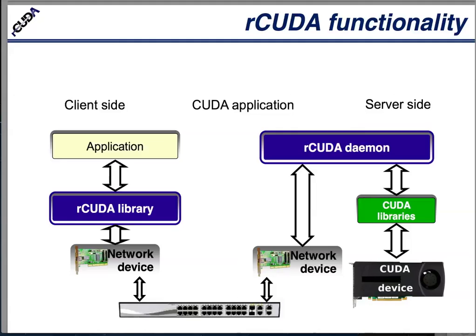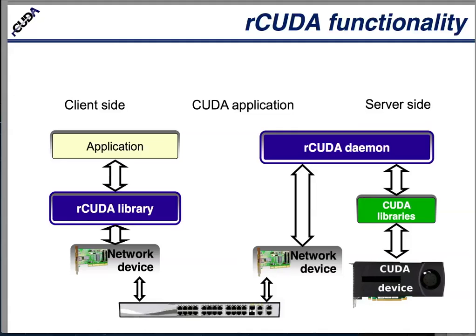We place on the client side a library replacing the original NVIDIA CUDA runtime library, and on the server side we add the rCUDA service, the rCUDA daemon. Those middleware actors communicate through the network interconnect. The rCUDA library is a replacement of the NVIDIA one, and it exposes exactly the same API.